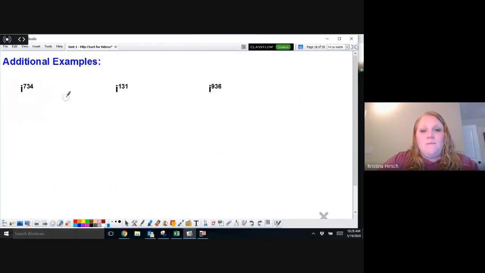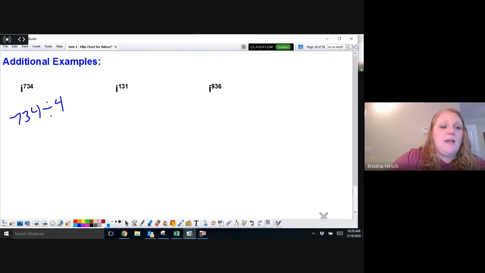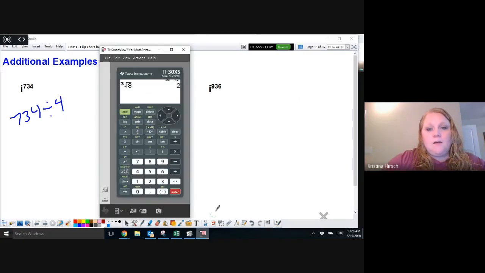Another example, and these are not on your paper if you're using my notes packet, because I wanted to give you some random problems to reiterate the shortcut, and then you could do your own practice. For this first example, 734 divided by 4.